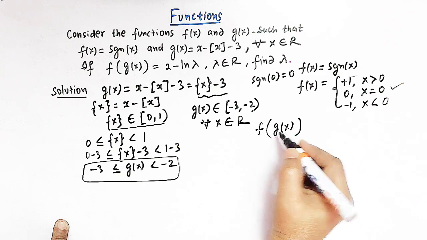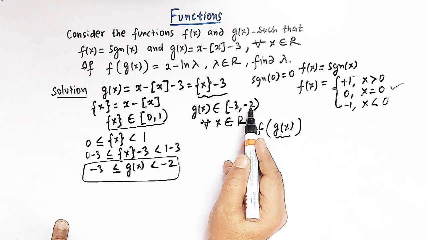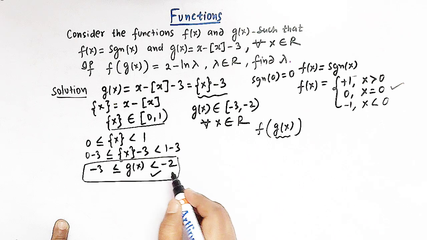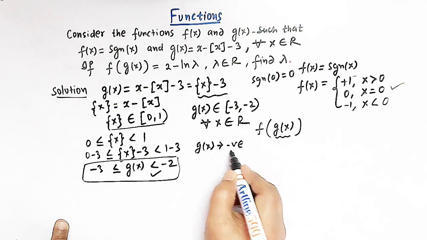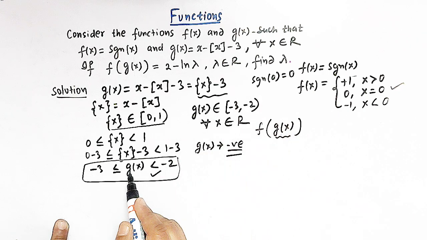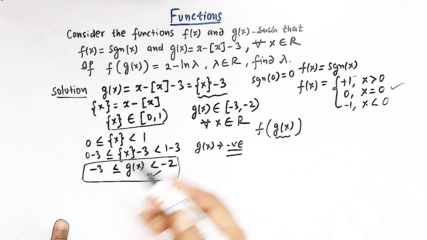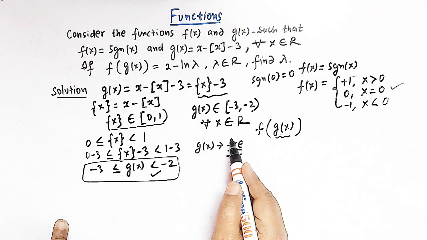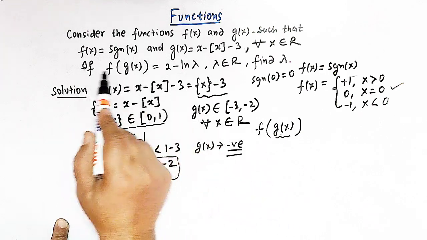Since g of x belongs to the interval minus 3 to minus 2, from this inequality we can easily conclude that g of x is always a negative quantity for all values of x belonging to R. This is an important step while solving this problem.